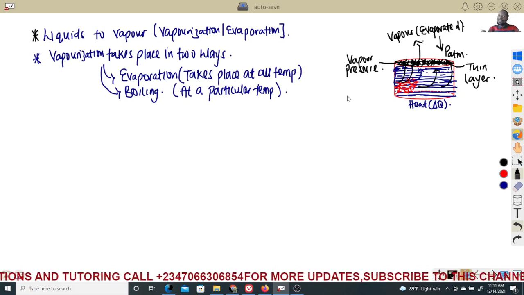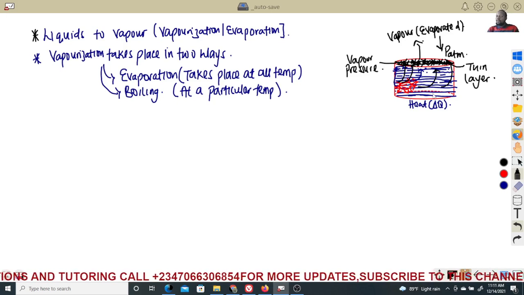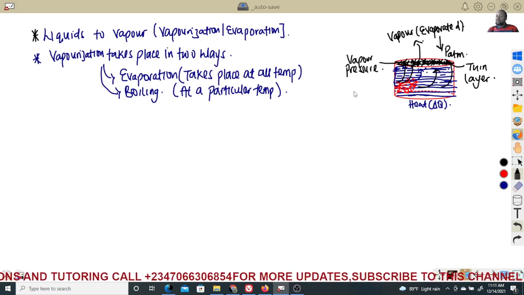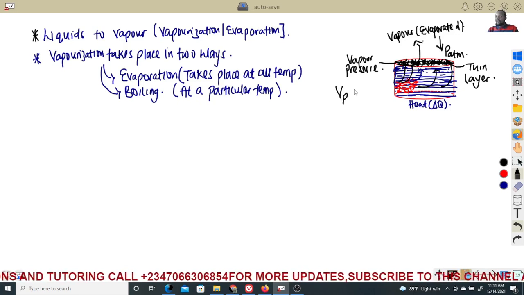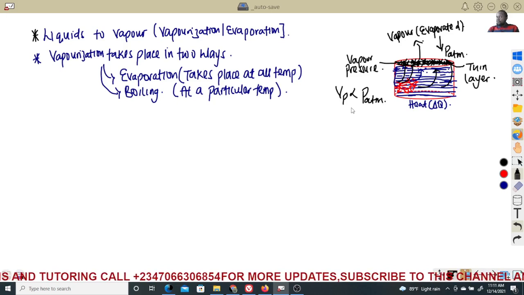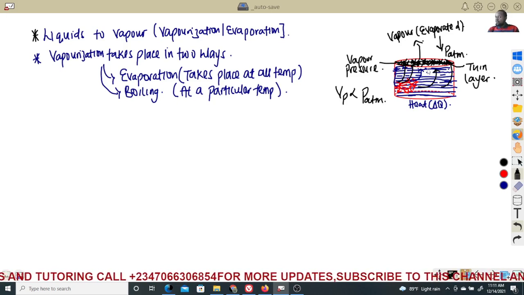That is the chemistry explanation to that. Very simple. Before, when the molecules are being pulled back by atmospheric pressure, we say the vapor pressure is less than the atmospheric pressure. That is the condition. At that time, substances are yet to evaporate.